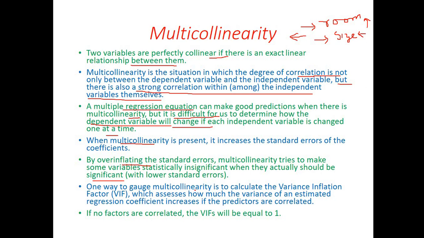One way to gauge multicollinearity is to calculate the variance inflation factor, VIF, which assesses how much the variance of the estimated regression coefficient increases if the predictors are correlated. If no factors are correlated, the variance inflation factor will be equal to 1. So these are all the problems with multicollinearity.